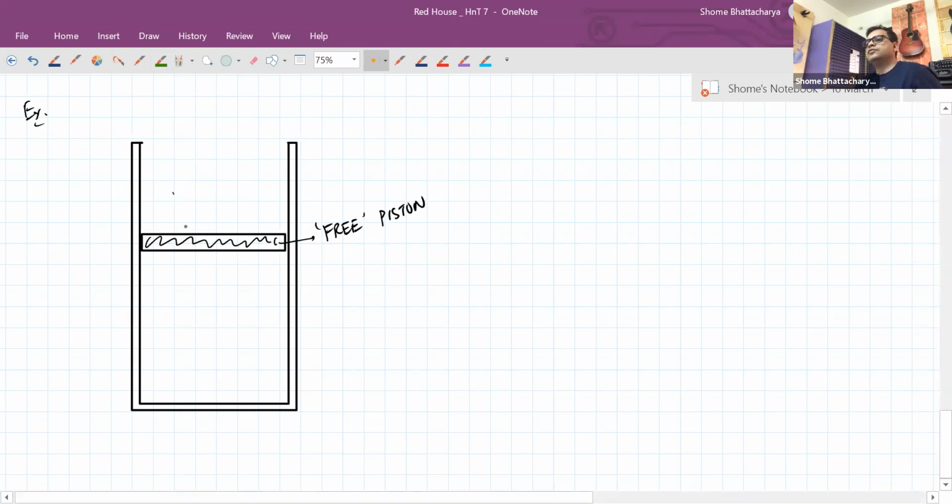And on top of that, we also have certain mass M. And now inside the chamber, there is a sample of nitrogen gas, and there is some heating element like a heating coil by which heat can be supplied.